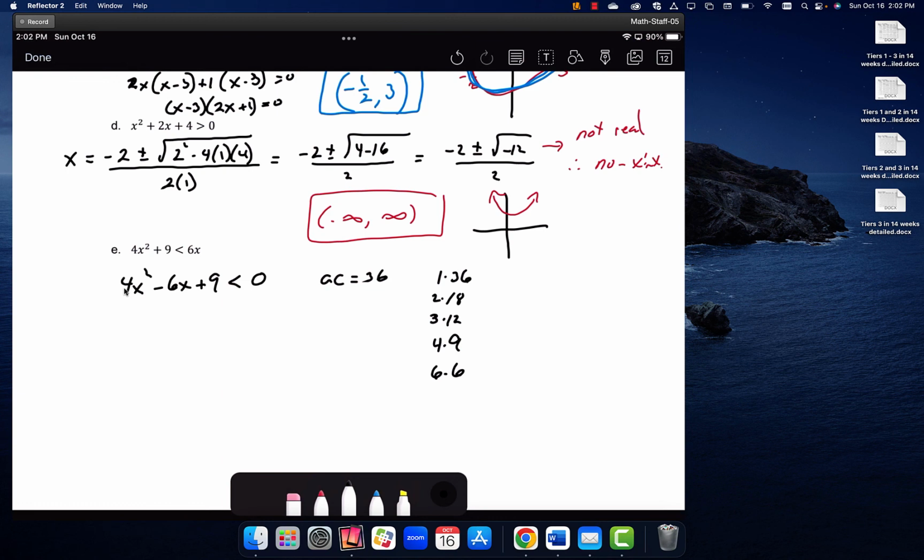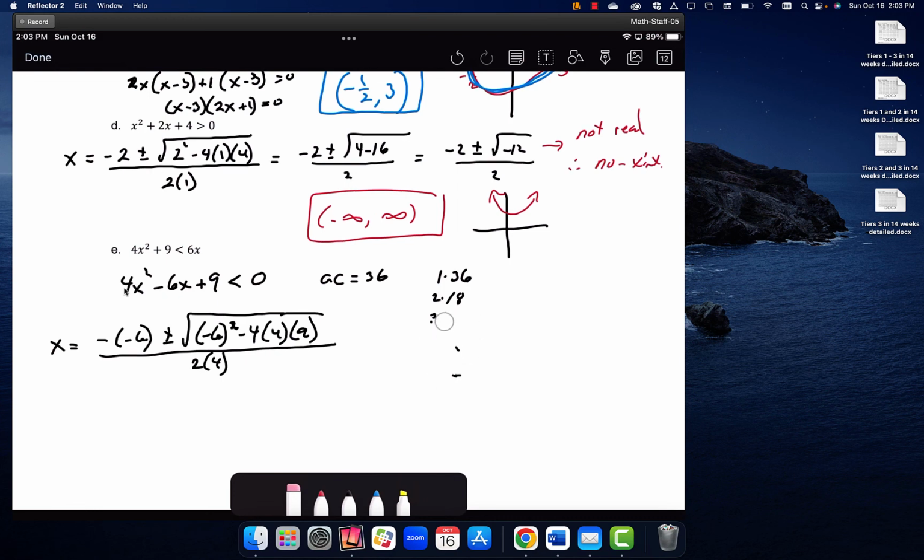So if factoring does not work, then our go-to is the quadratic formula. x equals negative b plus or minus the square root of b squared minus 4 times a times c, all over 2a. So from here, just simplify.